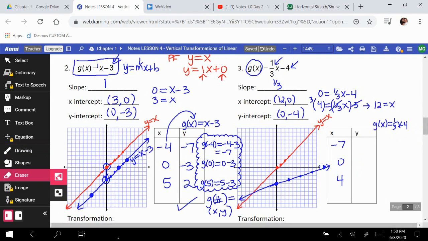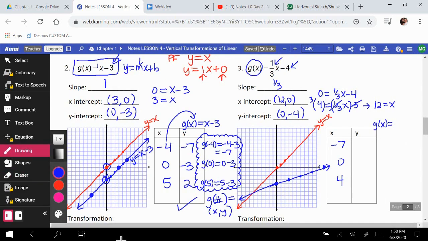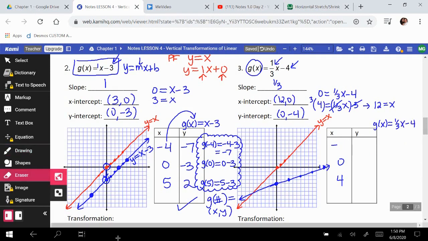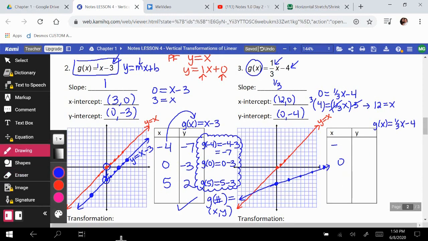What's something that I could plug into 1/3 x minus 4 that would give us a nice number? We want something maybe that's divisible by 3, since we're going to be multiplying by 1/3. Maybe we'll do, well, let's just do -3 and 3. Those sound easy. Those would be divisible by 3. G of -3 would be 1/3 times -3 minus 4.